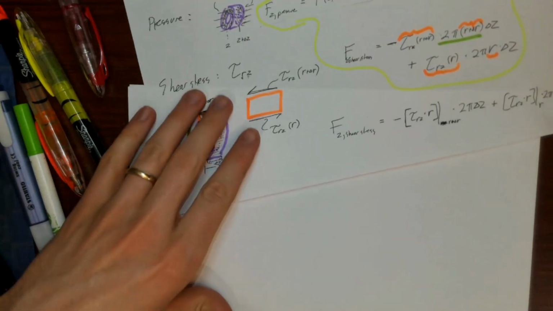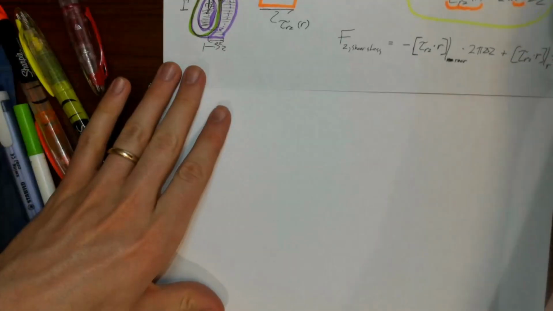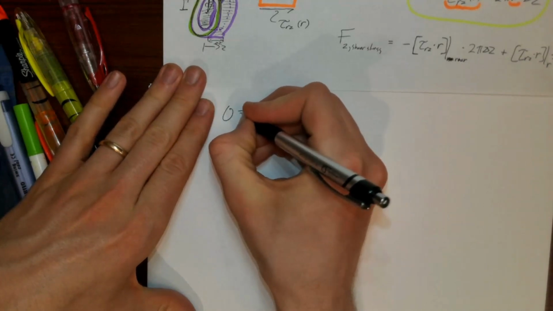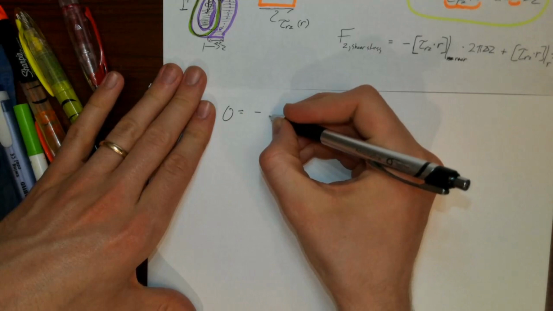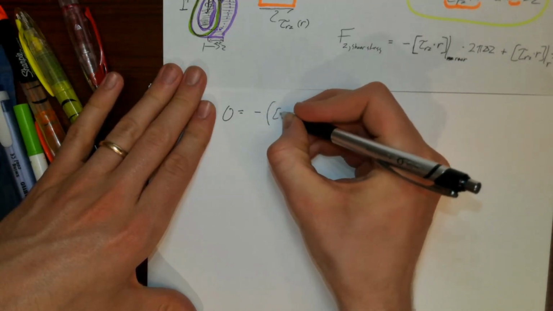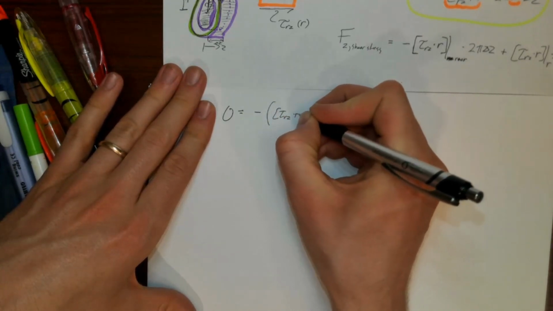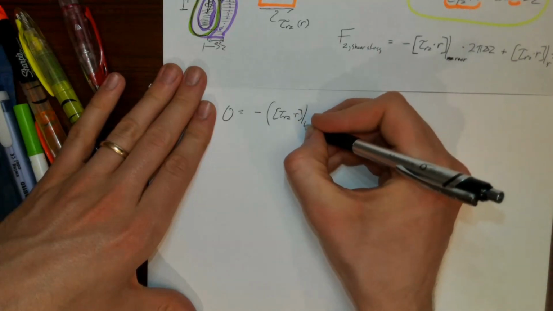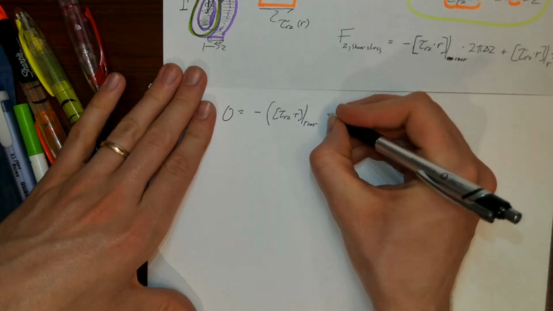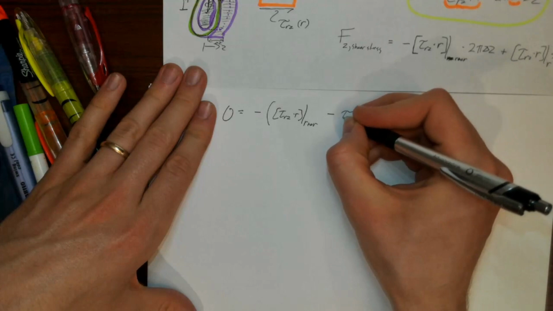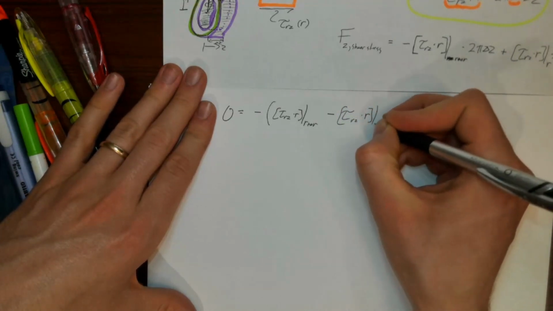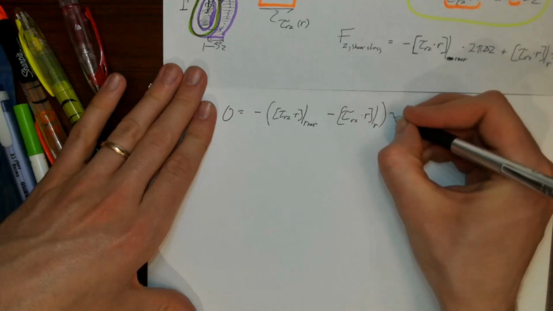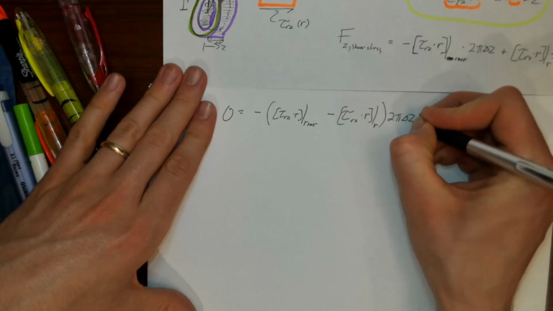What does that look like? 0 is equal to, I can factor out this common term, so I can have minus tau rz times r evaluated at r plus delta r minus tau rz times r evaluated at r, times 2 pi delta z.